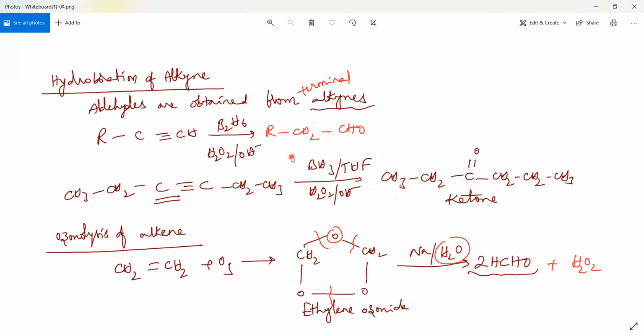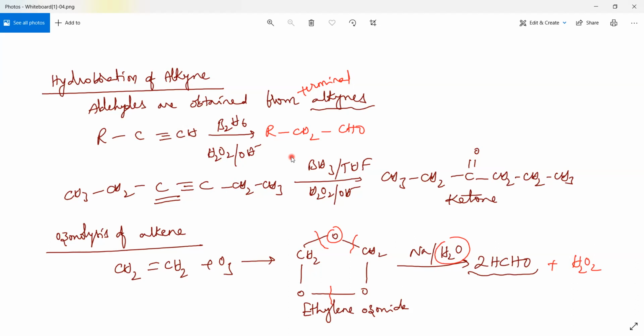C triple bond CH, then you will get the corresponding terminal CHO group. Then, if non-terminal alkynes are there, then you will get the corresponding ketones.